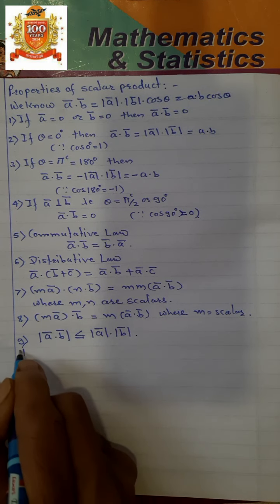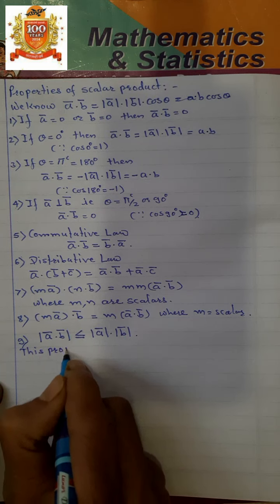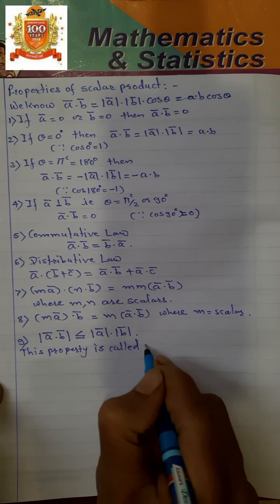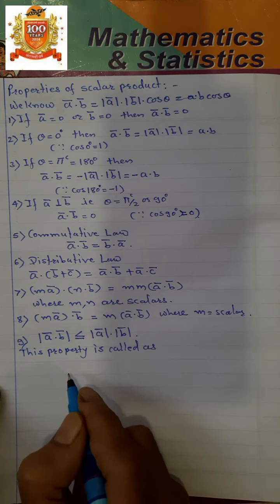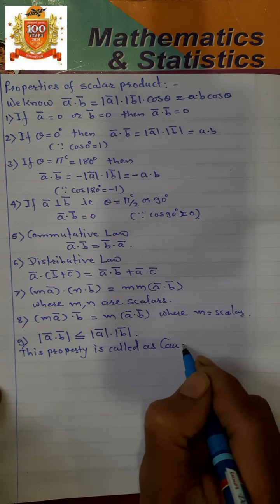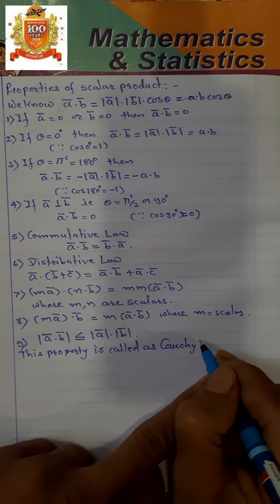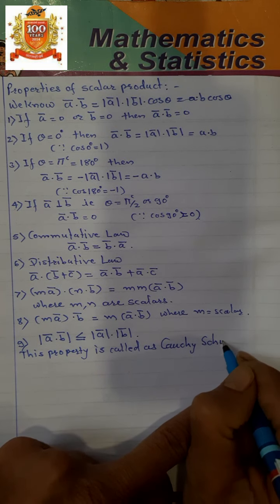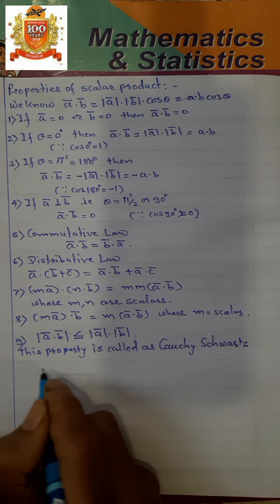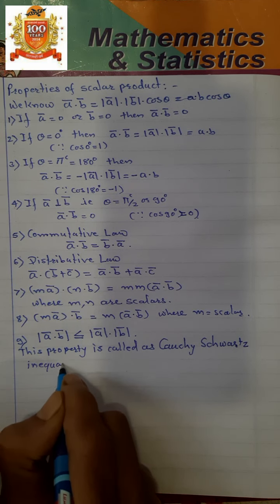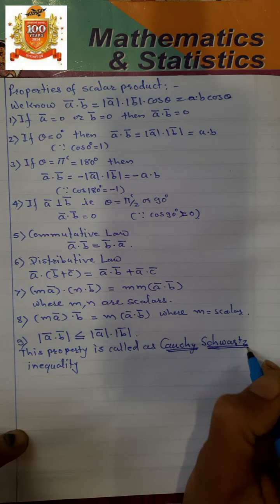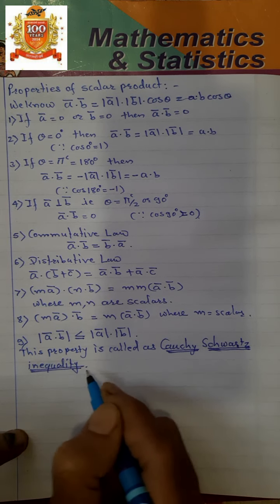This property is called as Cauchy-Schwarz inequality, isn't it?